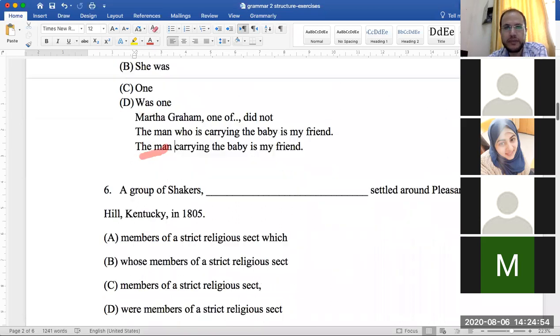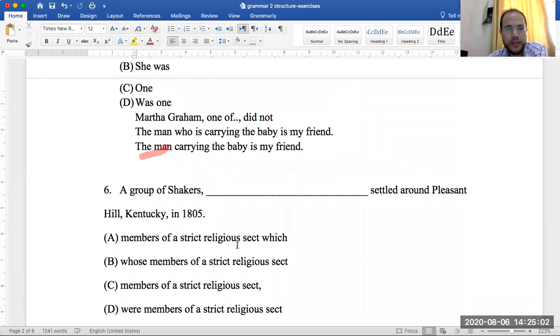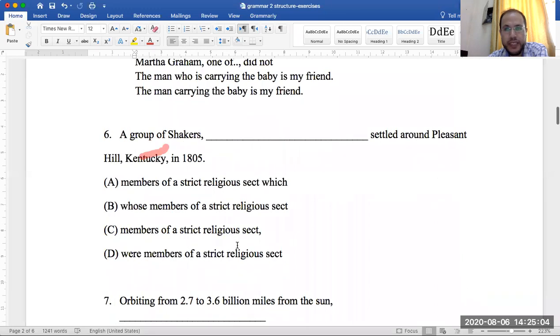Next. Can you do the next one? Number 6. Okay, so again, the trick is look for the subject, look for the verb, and see how things go from there. A group of Shakers. This is probably a subject, but there is no verb at all.